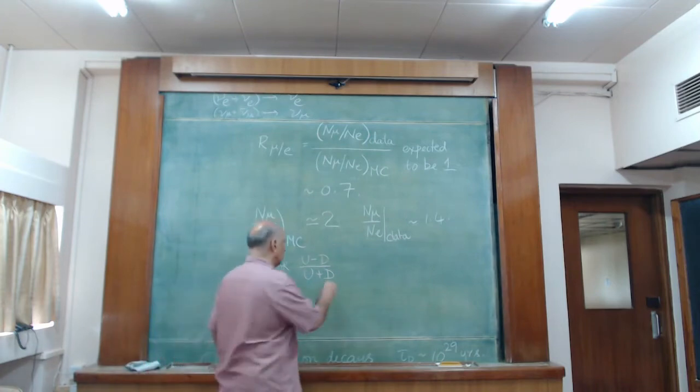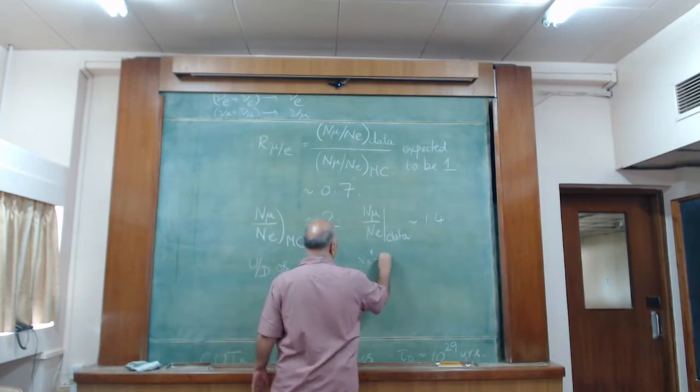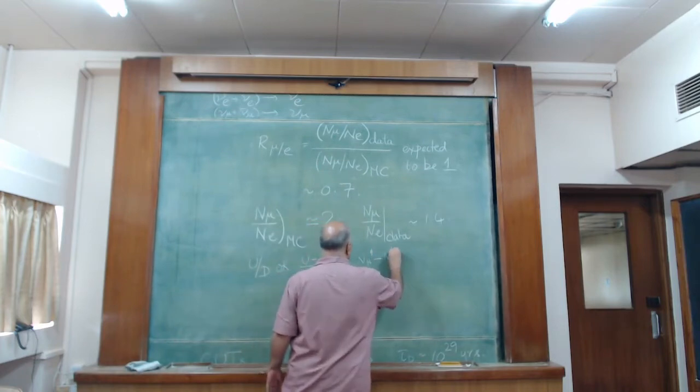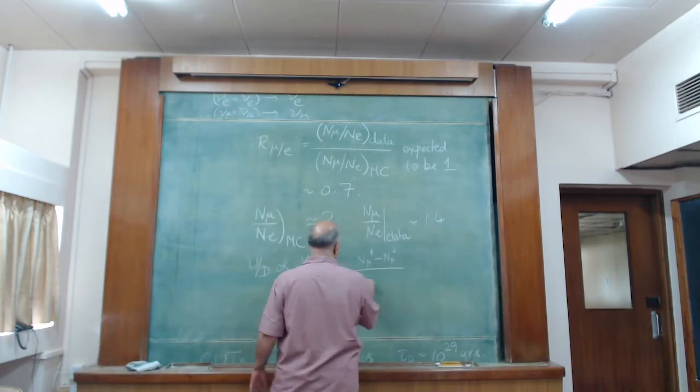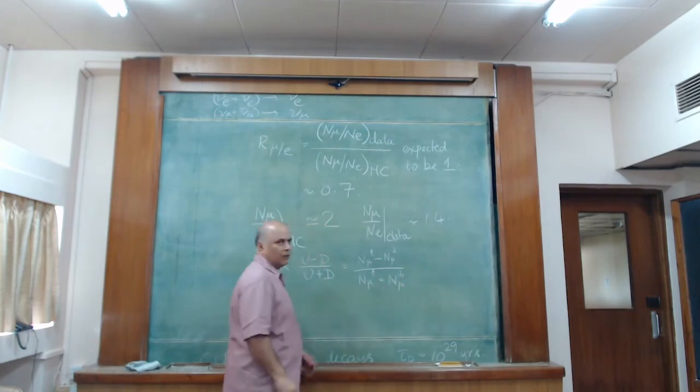So what I mean is the number of muons going up minus the number of muons going down, divided by the number of muons going up plus the number of muons going down.